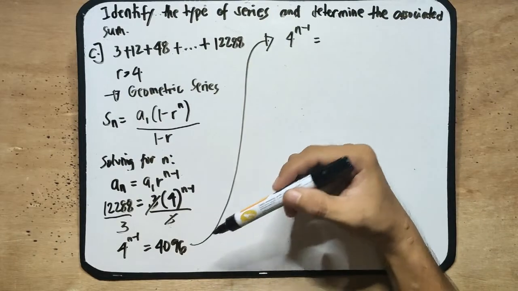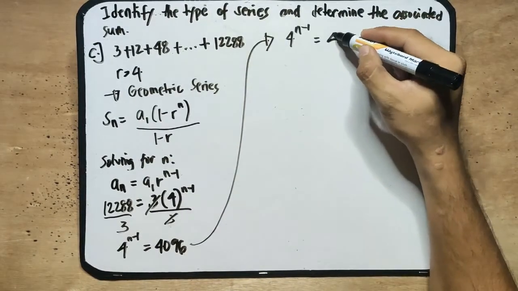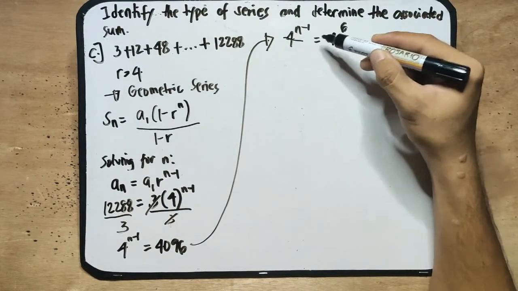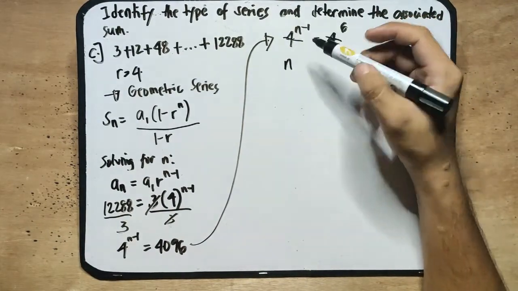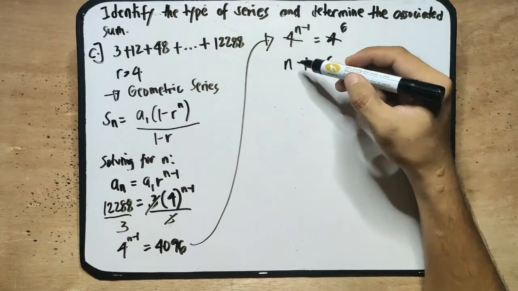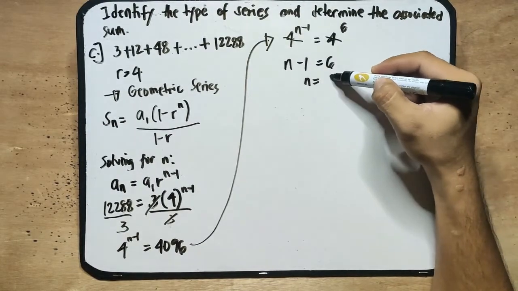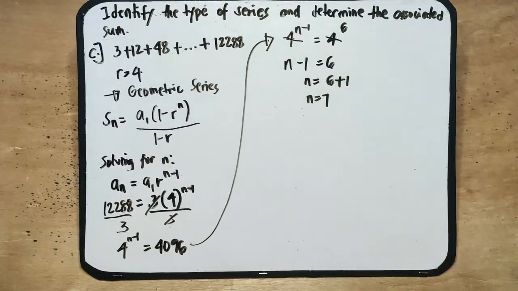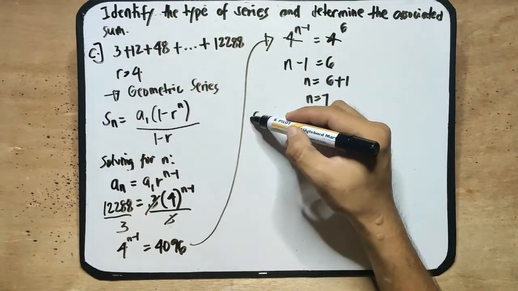So 4,096 is equivalent to 4 raised to 6. Since they have equal bases, we can disregard the bases and bring down the exponents. n minus 1 is equal to 6. Transposing negative 1, it will give us positive 1. So n is 7.